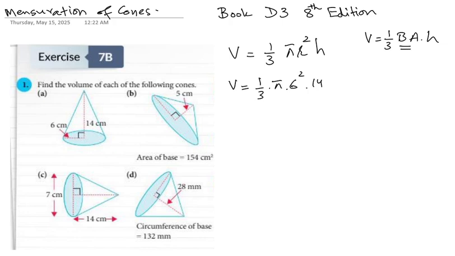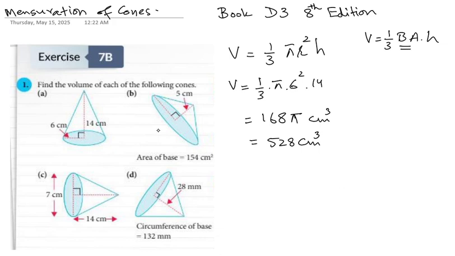So solving all these values, we get 168 pi, and putting the values in calculator and writing the answer correct to three significant figures, we get 528 centimeters cube. As it is the volume, we have to put centimeters cube here also.